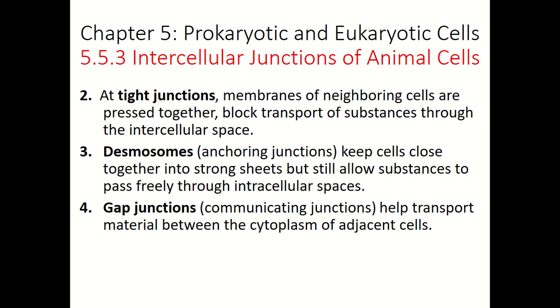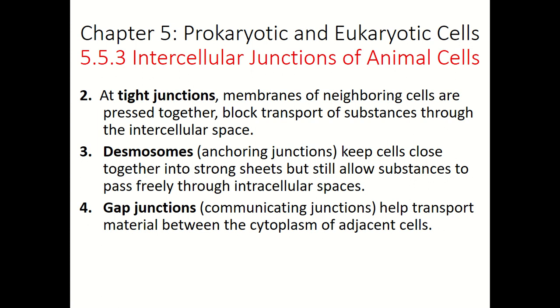The second junction found in animal cells is the desmosome, also known as the anchoring junction. Desmosomes help keep the cells close together in a very strong sheet. However, they still allow substances to pass freely through the intercellular space, not like the tight junctions.